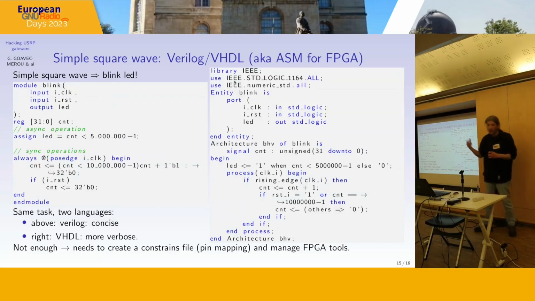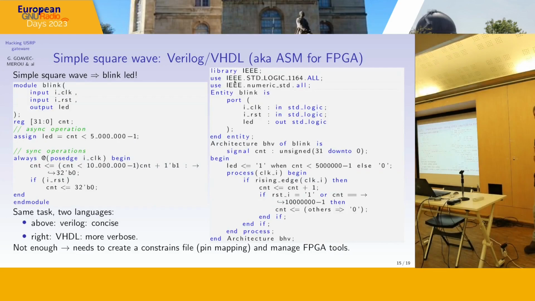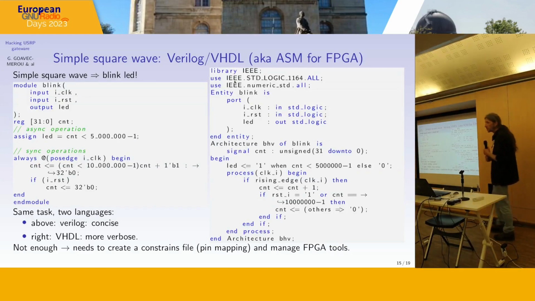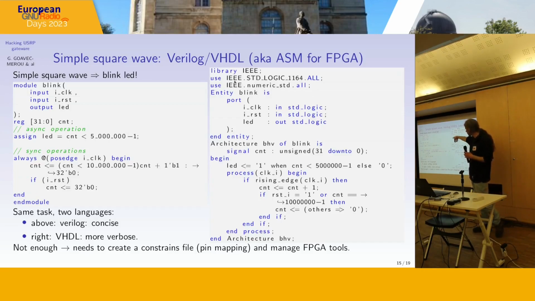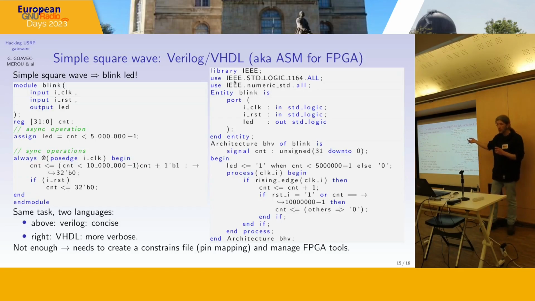This is maybe the assembler for FPGA, because it's really low level. It's a simple square wave. With Verilog it's really small. With a counter, the counter is updated until the value is equal to the max value, or it's reset if the max value is achieved.